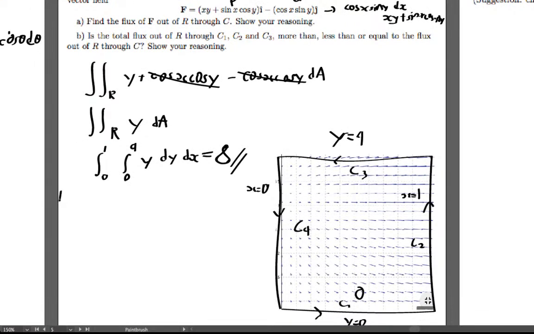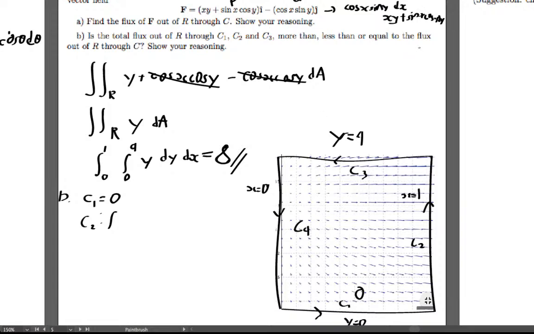First one, C1 would be 0. We know about this. C1 is 0 because when you plug in the entire numbers you would get that. But for C2 it's a bit different. You just basically take the integral. dx is 0, okay.